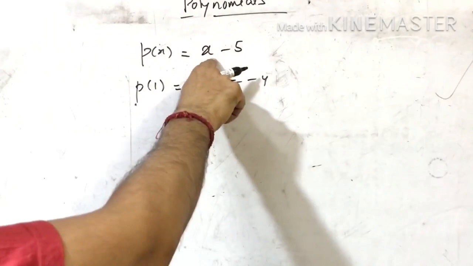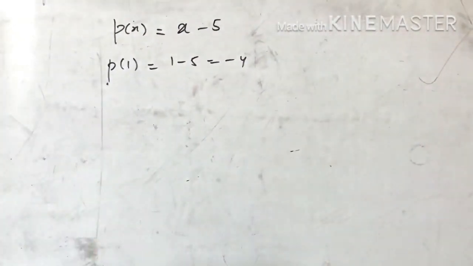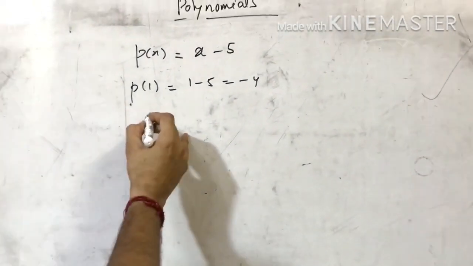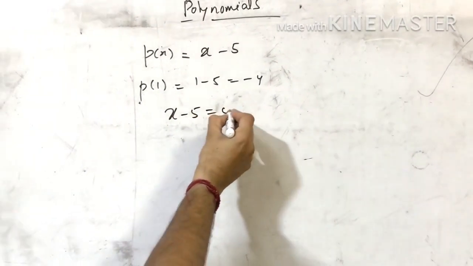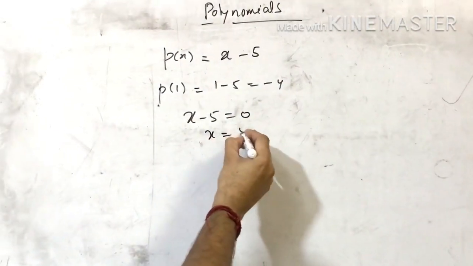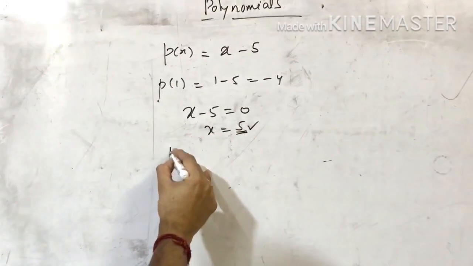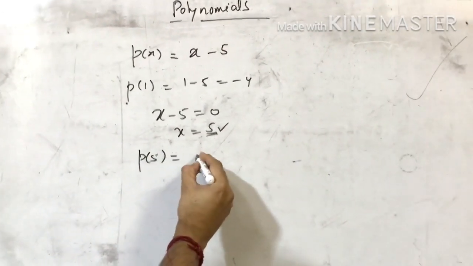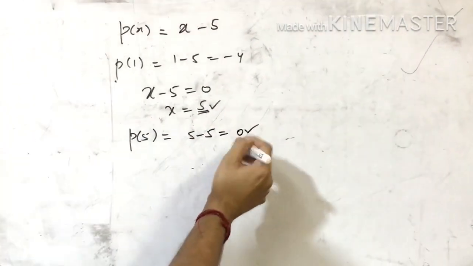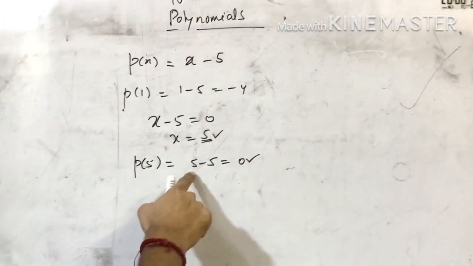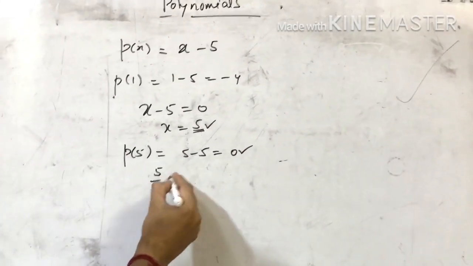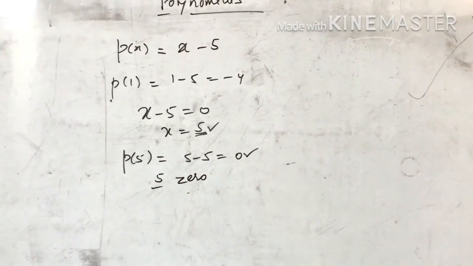At some value of x, the value of this polynomial becomes 0. We can find that value by putting this equal to 0, and we will come to know that the value is 5. So when you put 5 here, you get 0. The value of the polynomial becomes 0 when you put 5, so 5 is called the zero of this polynomial.